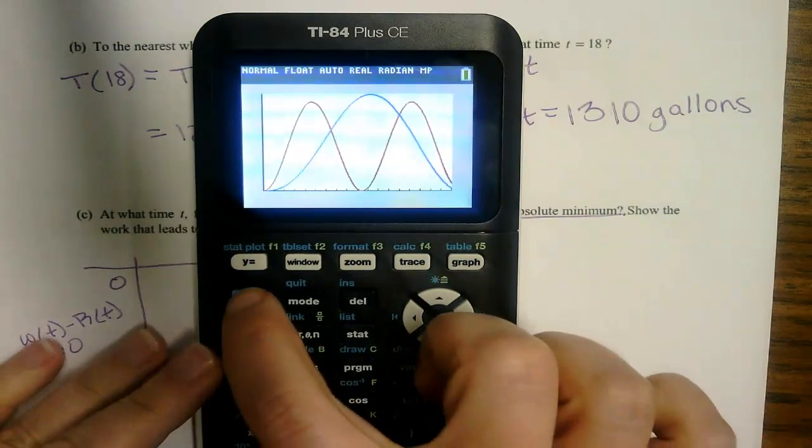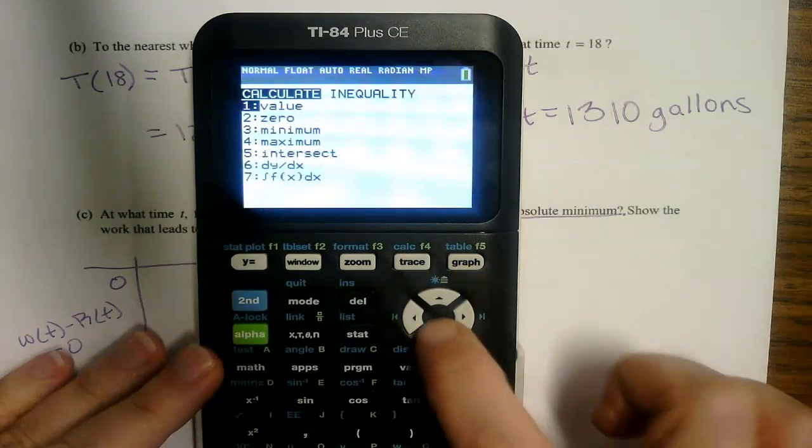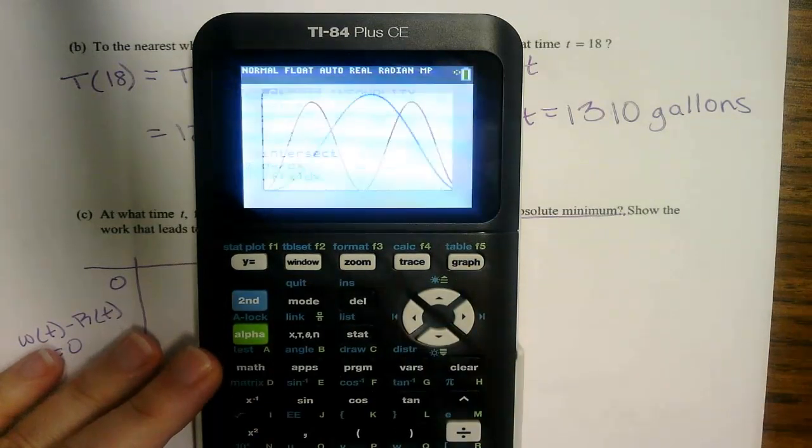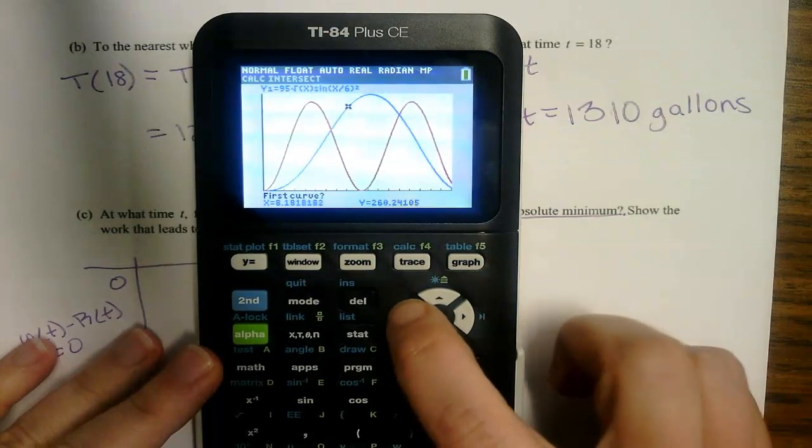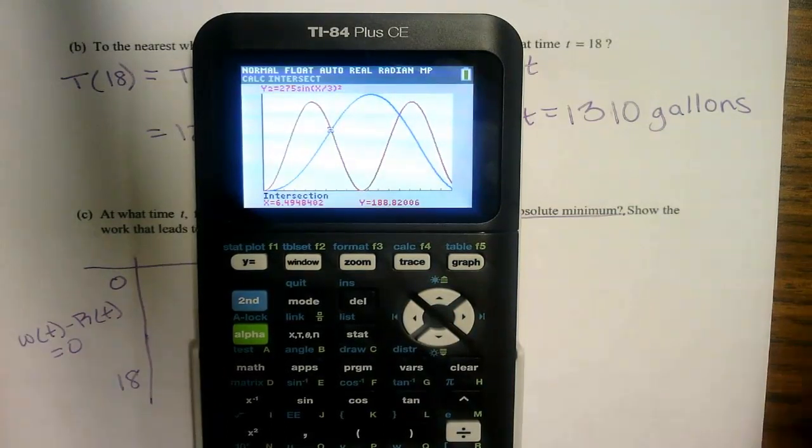So I'm going to go to second, calc, intersect. I'm going to scroll my X to get close to where I think the answer is, and then hit enter 3 times.